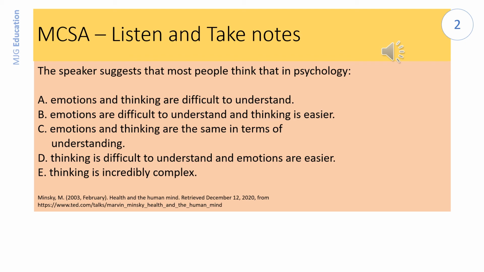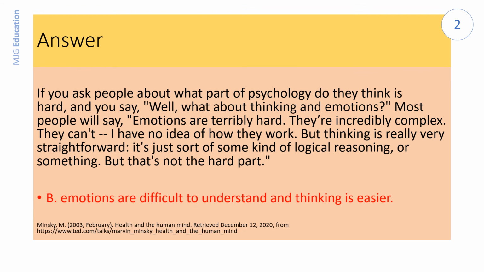If you ask people about what part of psychology do they think is hard, and you say, well, what about thinking and emotions? Most people will say emotions are terribly hard, they're incredibly complex, I have no idea of how they work. But thinking is really very straightforward. It's just sort of some kind of logical reasoning or something.